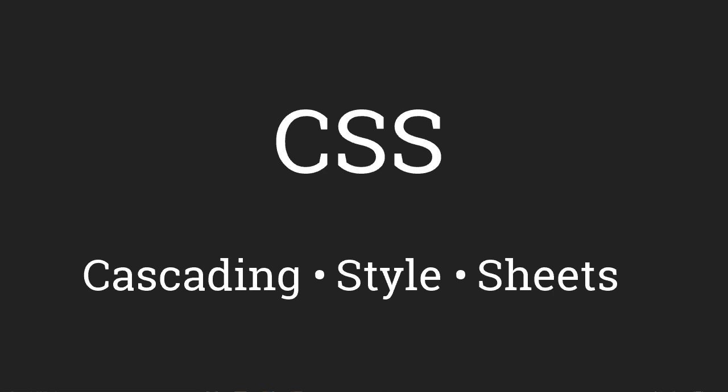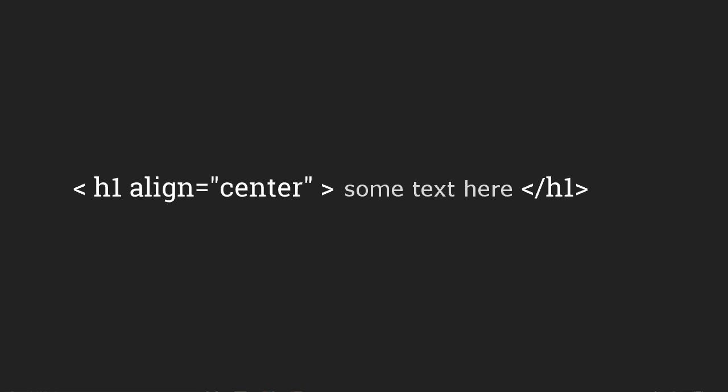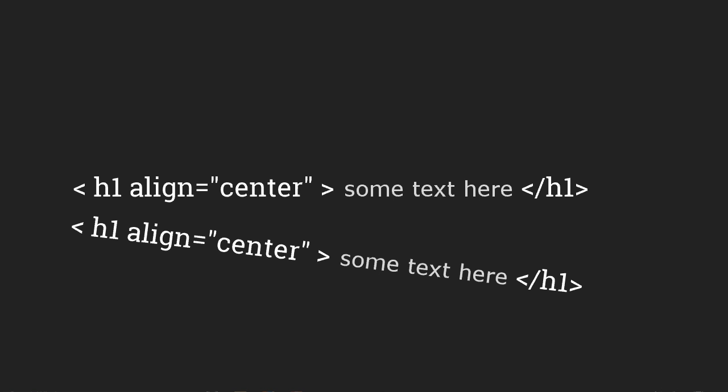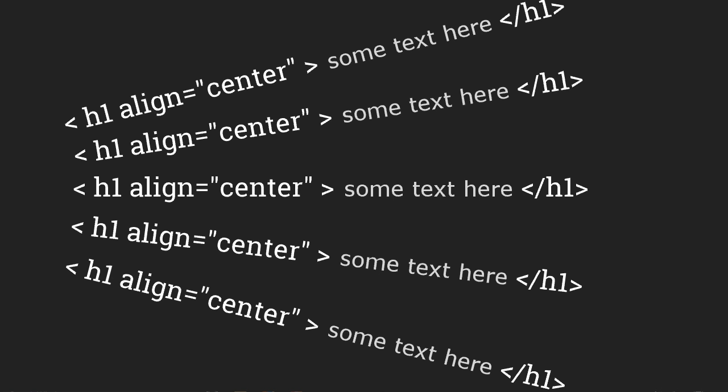So for example, if I am going to use an attribute to style my heading tag in HTML without the use of CSS, and I have 5 files for my project, then I will have to repeat the entire code or the attribute of that tag 5 times, each time for each file.